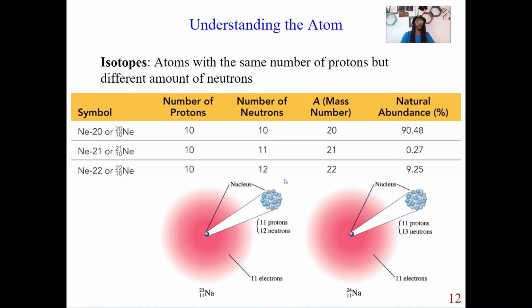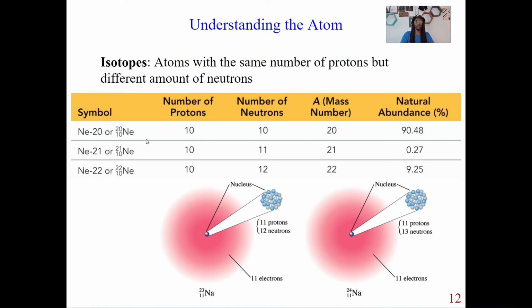Now, let's talk about natural abundance. I've got a whole slide dedicated to this. With natural abundance, we have to think about it as it sounds. Which one is naturally abundant? So natural abundance tells me which isotope exists the most in the world. That's how we can think about this.